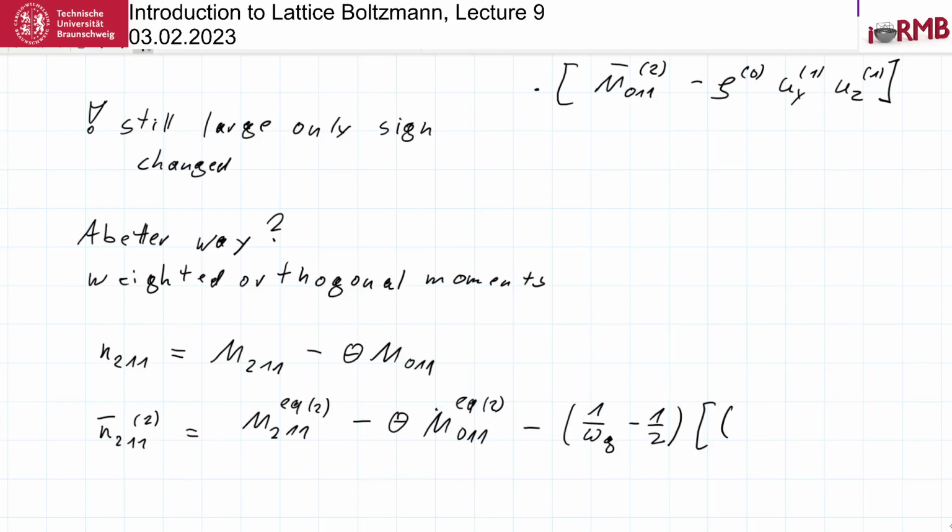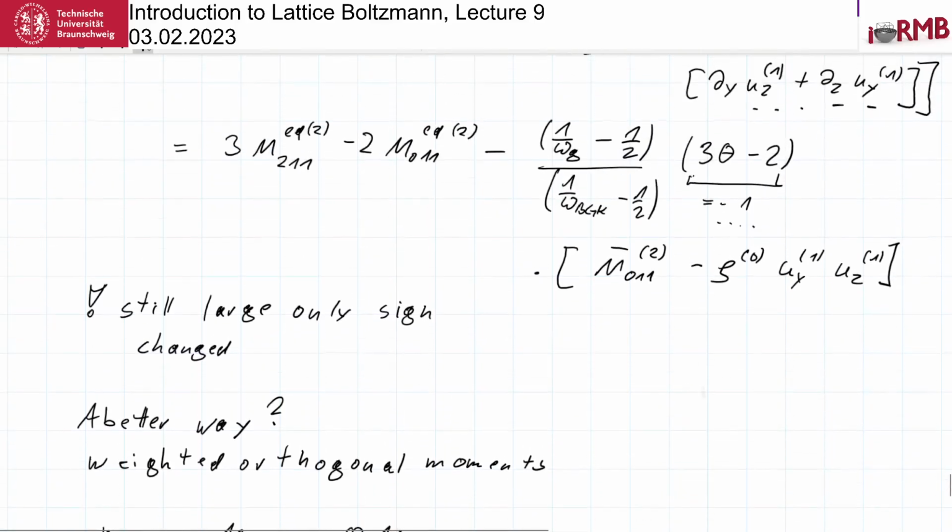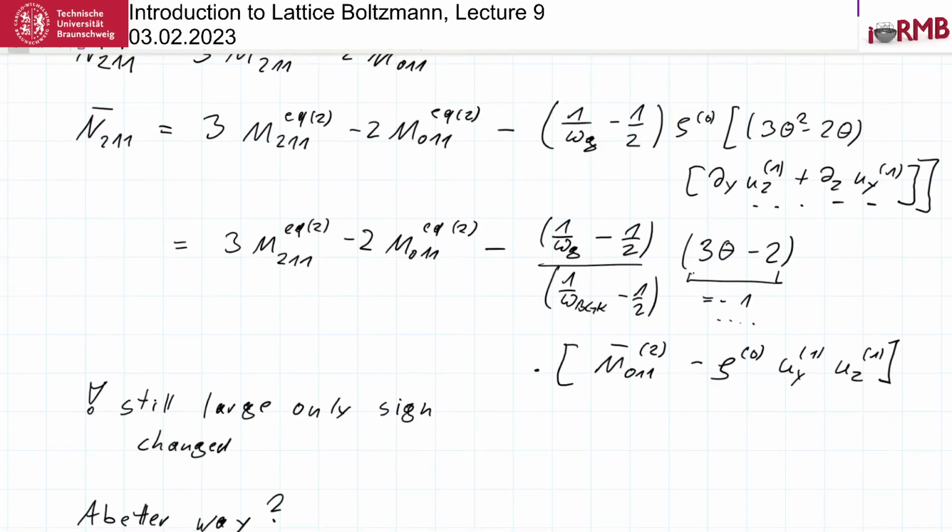So now comes something very similar that we already had. Because we see both this guy and this guy, they both depend on the same derivatives. And we had in the previous example, where we tried to make it orthogonal the way they originally made it orthogonal, some combination, 3 theta square minus 2 theta. And the problem with this is that this gives you minus 1 and not 0.